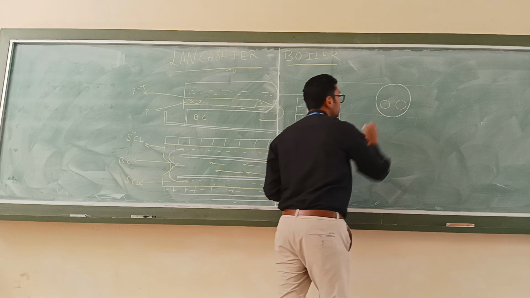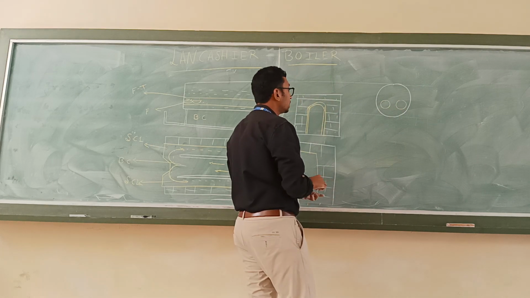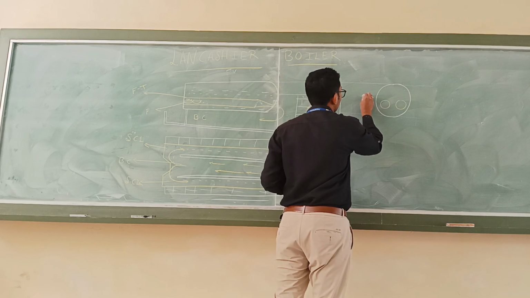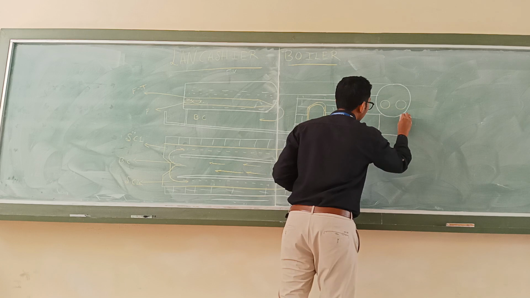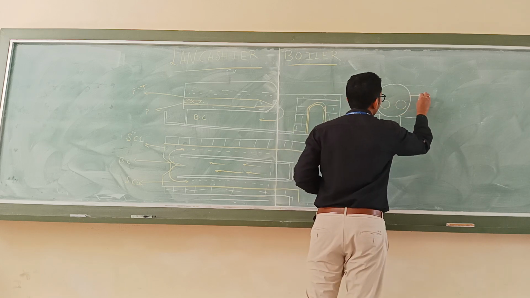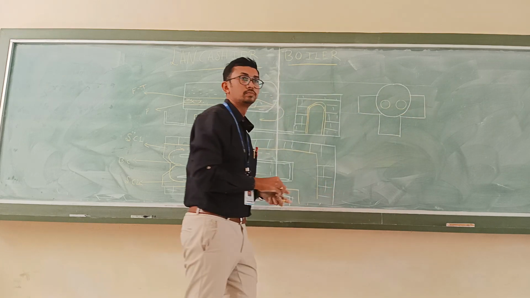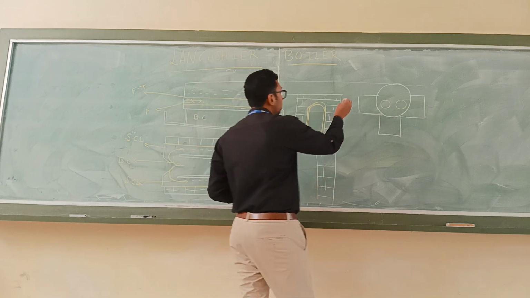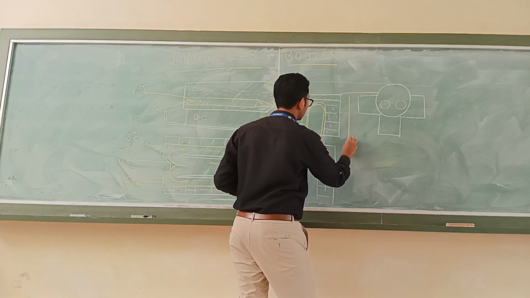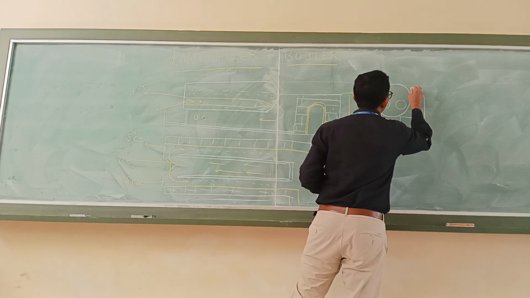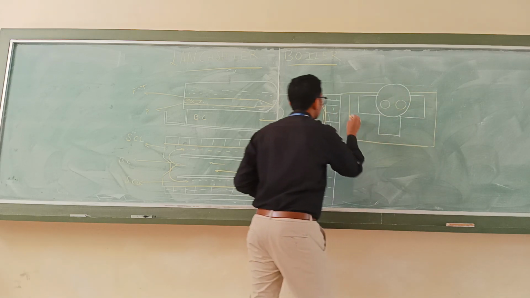Two flue tubes, and it is having a bridge structure. So it is having a bottom channel, and side channel 1 and 2. Okay, surrounded by what? Brick structure. So this is a brick chamber or structure.